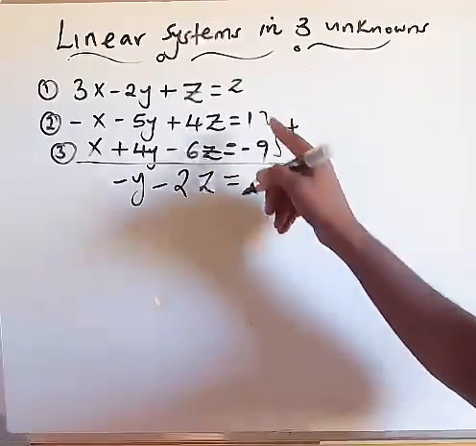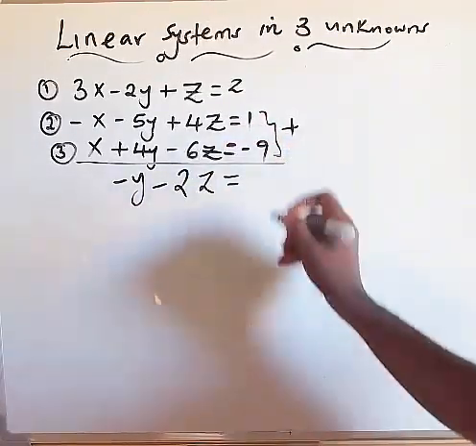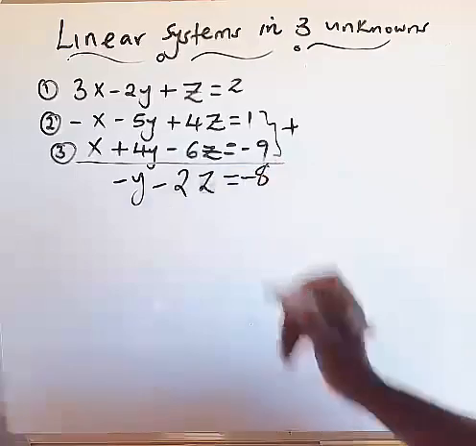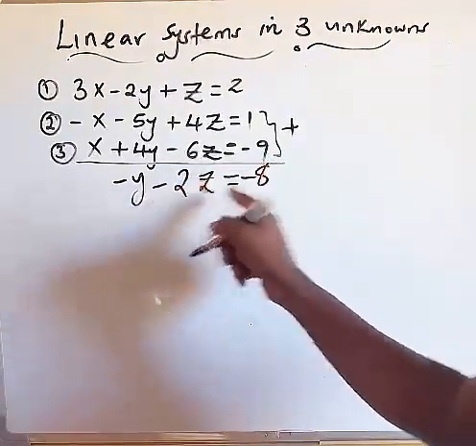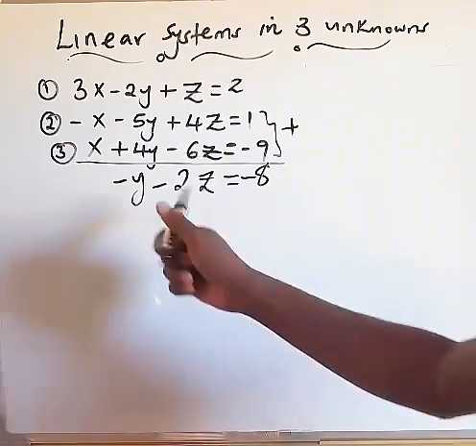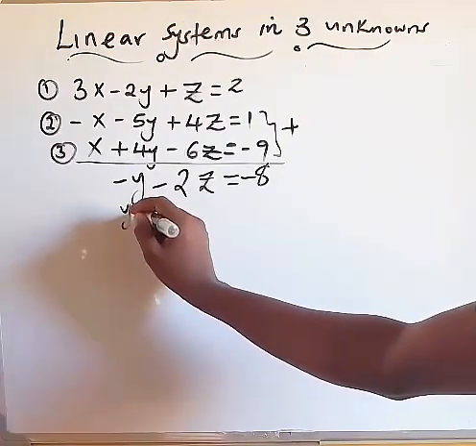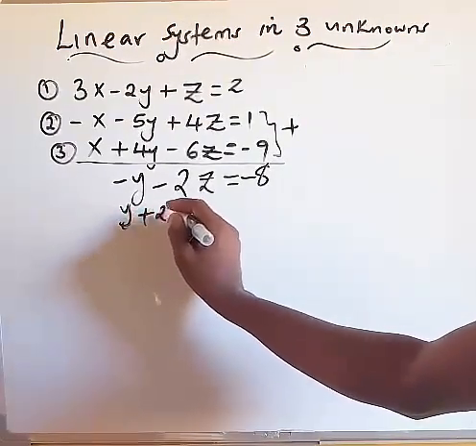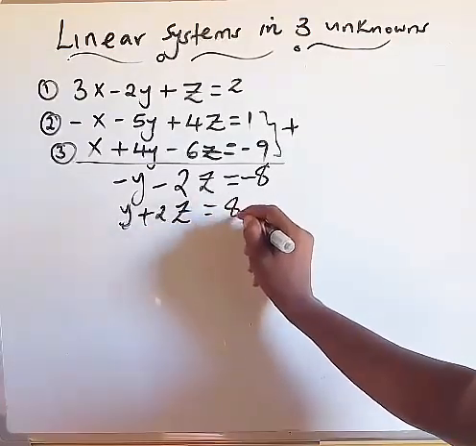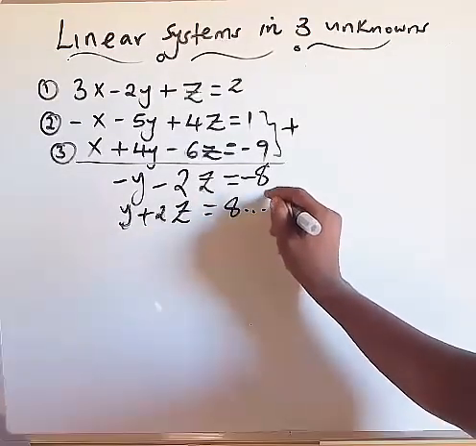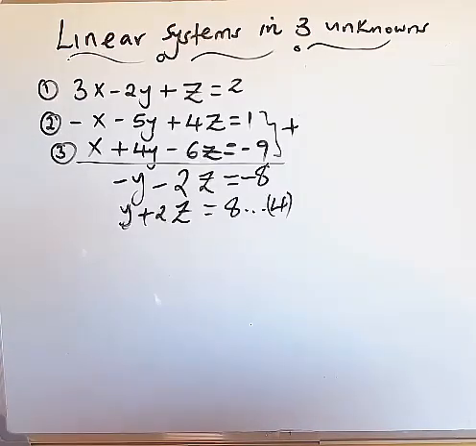This equals 1 plus minus 9, which is minus 8. If we multiply everywhere by negative, we shall have y plus 2z equals positive 8. So let's call this a new equation 4, which is different from the 3 we already have.